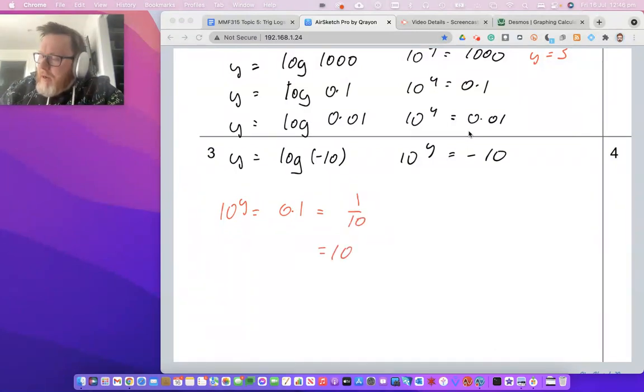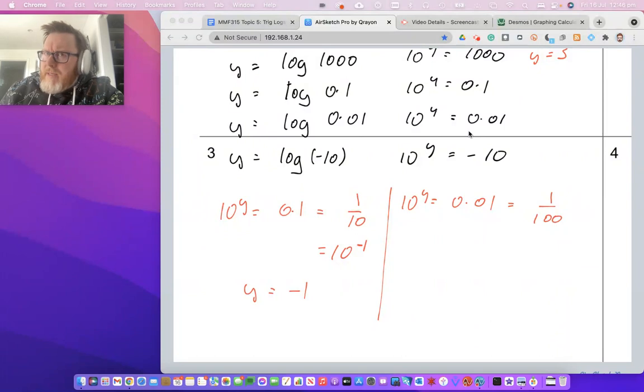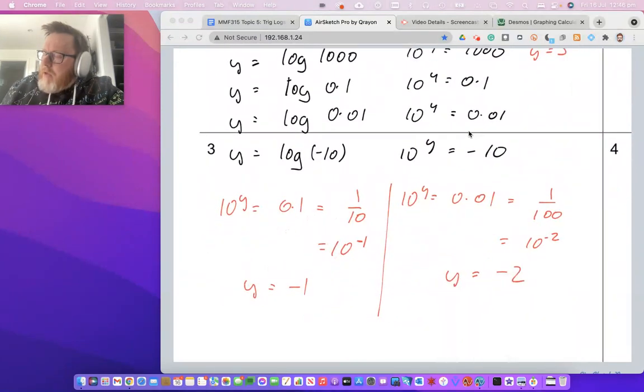So that's equal to 10 to the power of negative 1, so y equals negative 1. 10 to the power of y equals 0.01 would be the same as 1 over 100, if you know your base decimal values, which is equal to 10 to the power of negative 2. So y equals negative 2, and so on. Okay. So that's some basic values there.